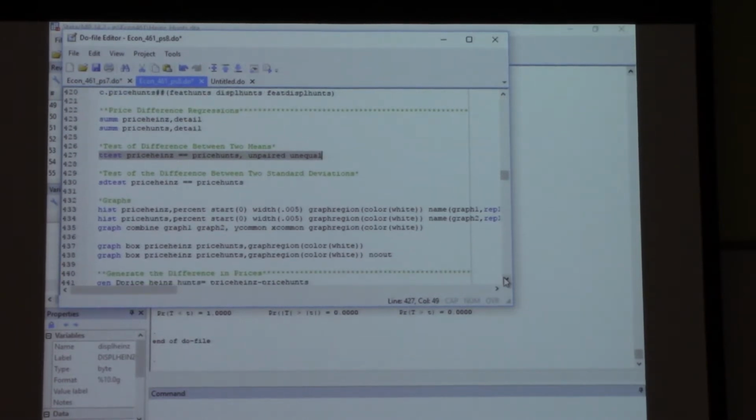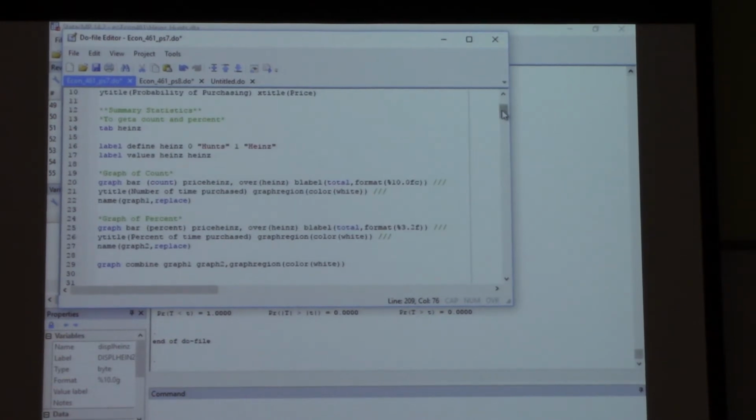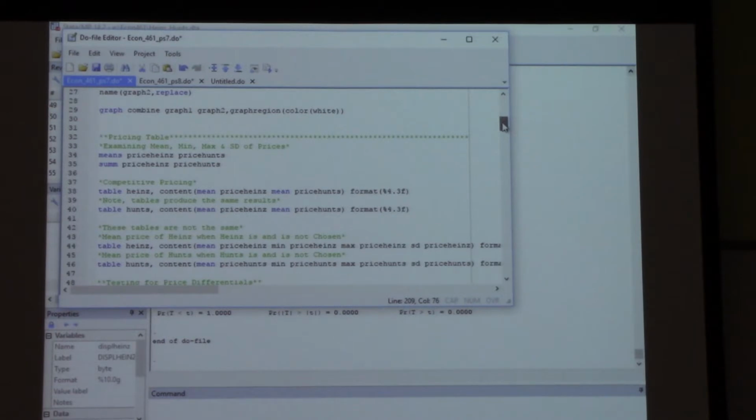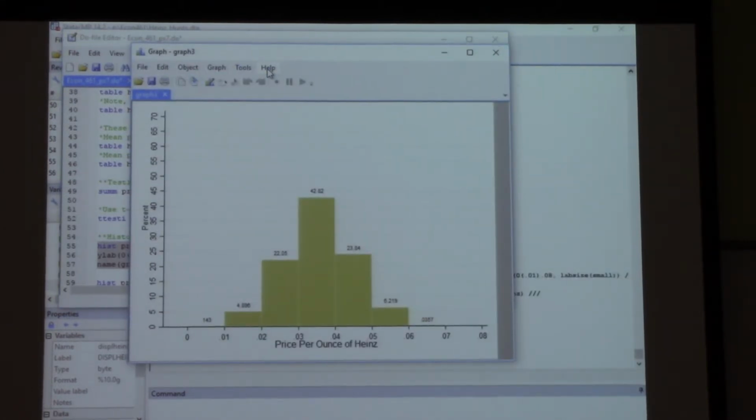We could try to graph these. I have a better graph of this. This is the graph of Heinz.